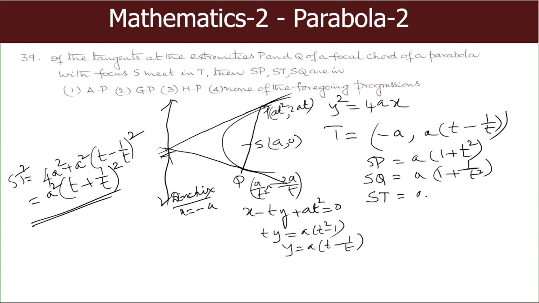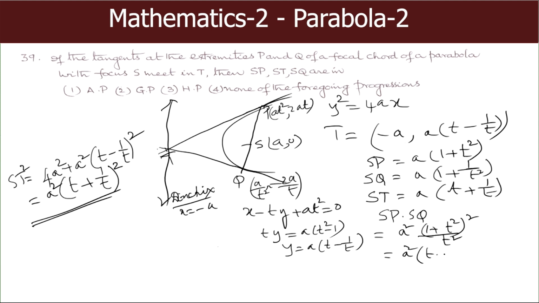ST is a into (t plus 1 by t). Okay. Now, what is SP into SQ? A square into (1 plus t square) whole square by t square, or a square into (t plus 1 by t) whole square. That is equal to ST square.